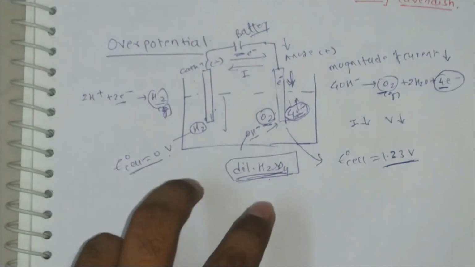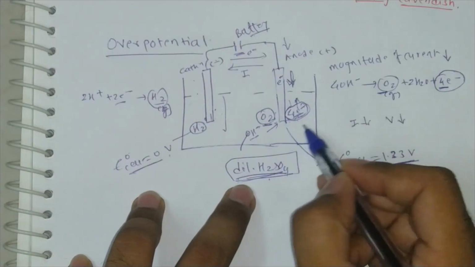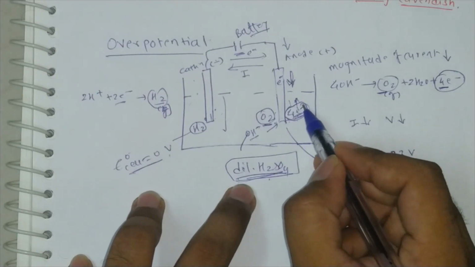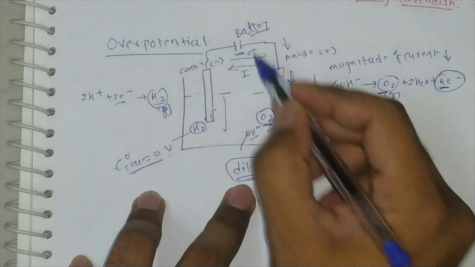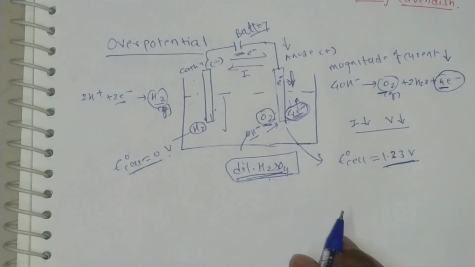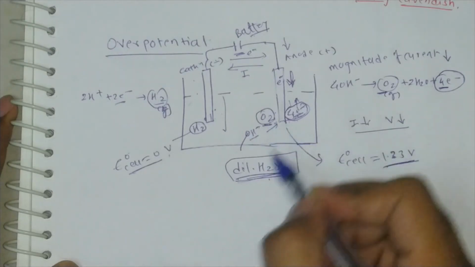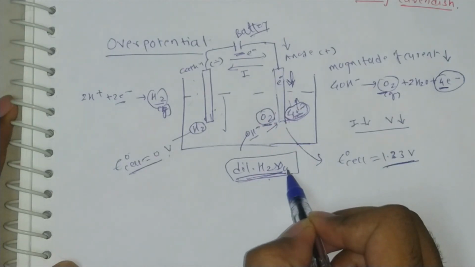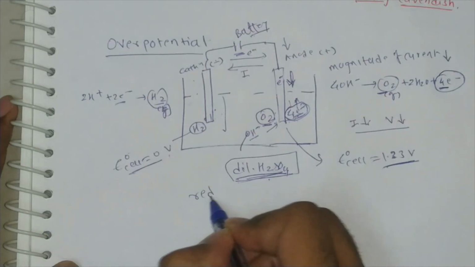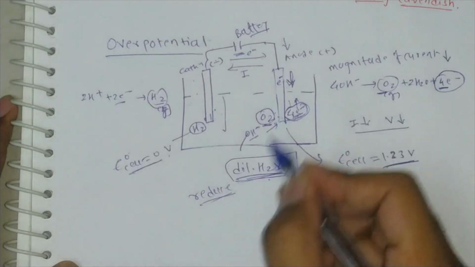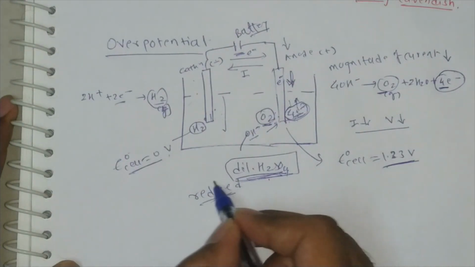But the point is, when oxygen is generated, electrons are also generated here, and these electrons oppose the flow of current, which reduces the voltage or potential of the battery. So the rate of formation of O2 or rate of decomposition of dilute H2SO4 is going to be reduced.